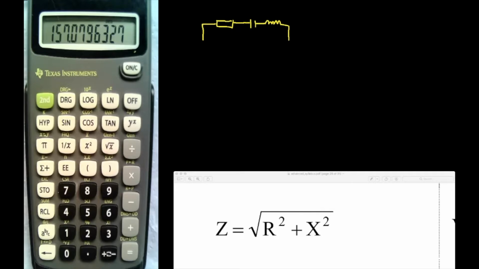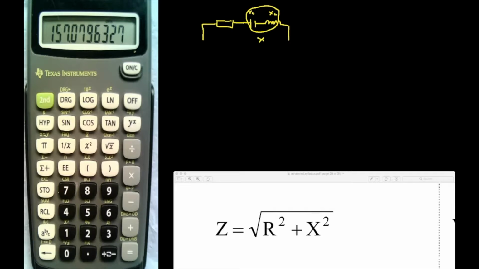Now the capacitor will have XC in one direction, and the inductor will have XL in another direction. Don't worry too much about that at the moment. We'll just say that the combination of these is some sort of reactance X after we've netted those off.